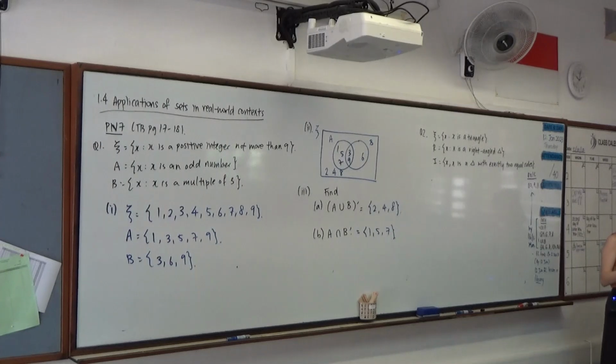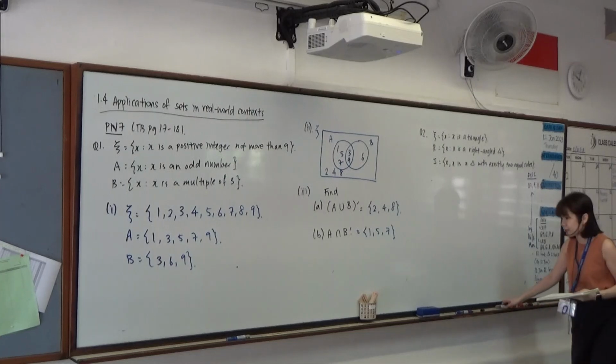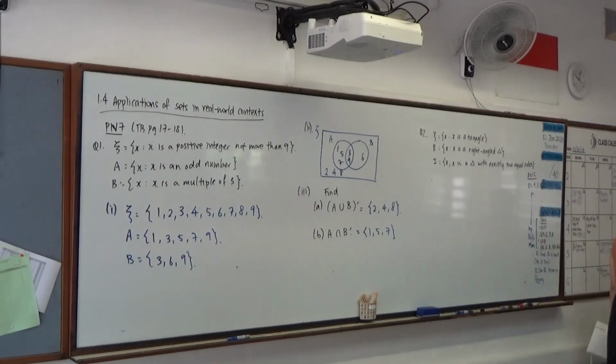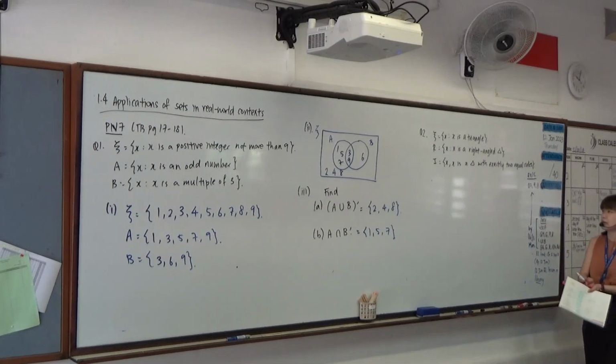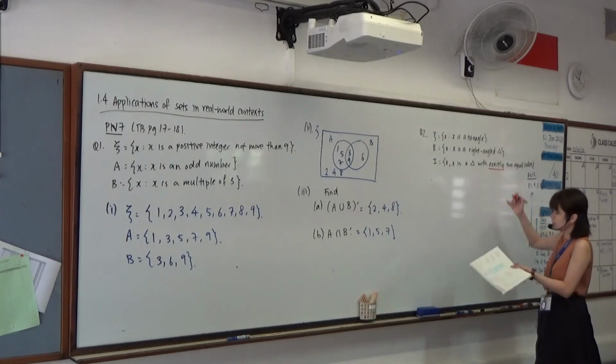The universal set is all the triangles that we know. R is a right angle triangle, and the elements in I are triangles with exactly 2 equal sides. I want to point out the idea of exactly. That means it's really isosceles triangles.